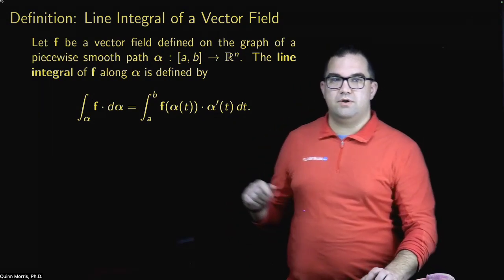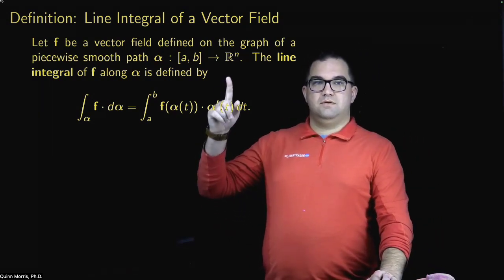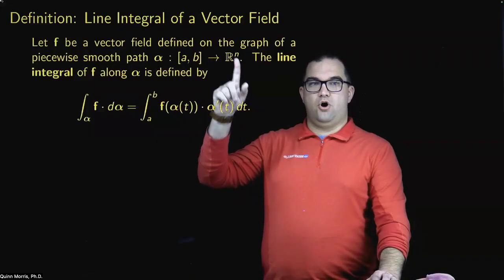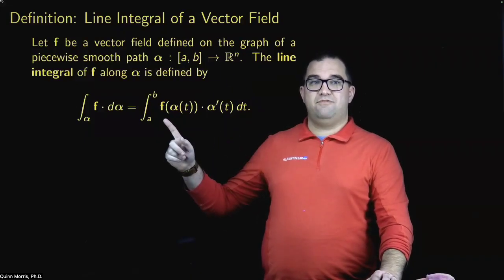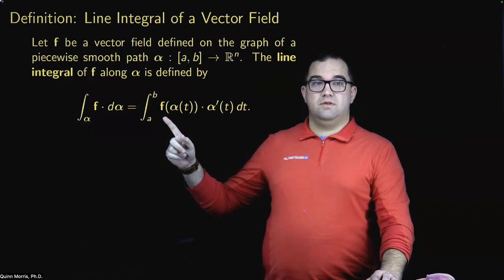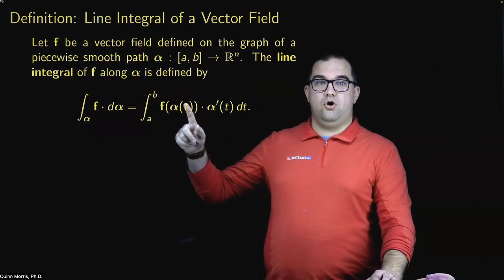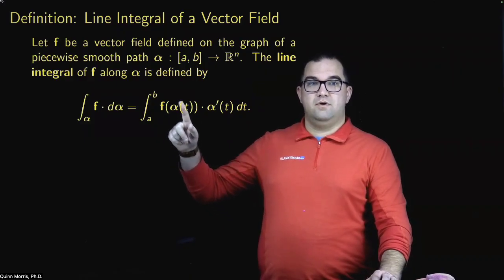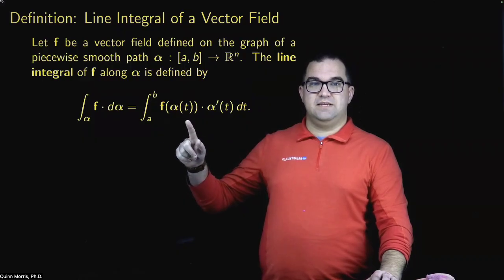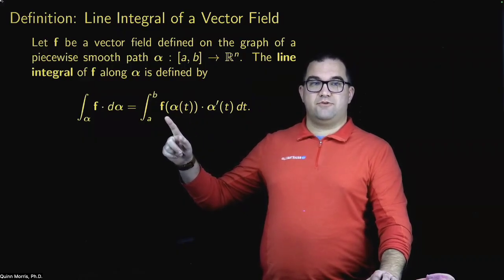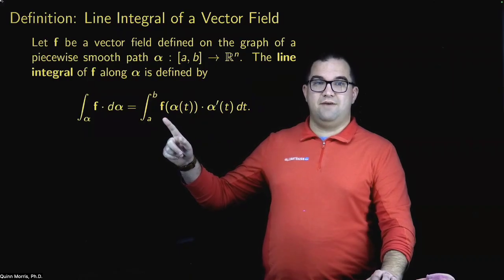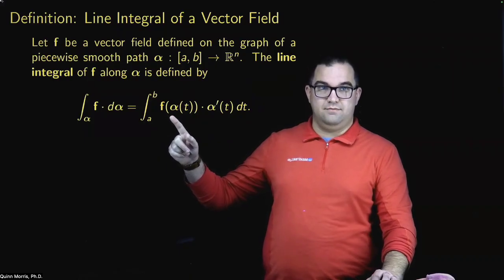Notice alpha of t is a vector in Rn. F is a vector field defined on the graph of this path, so f of alpha of t is defined, and f is from Rn to Rn.